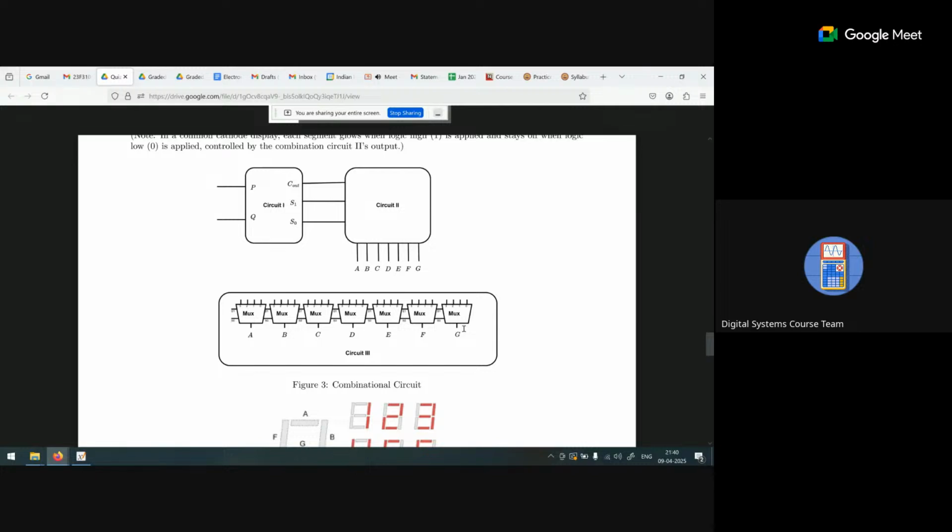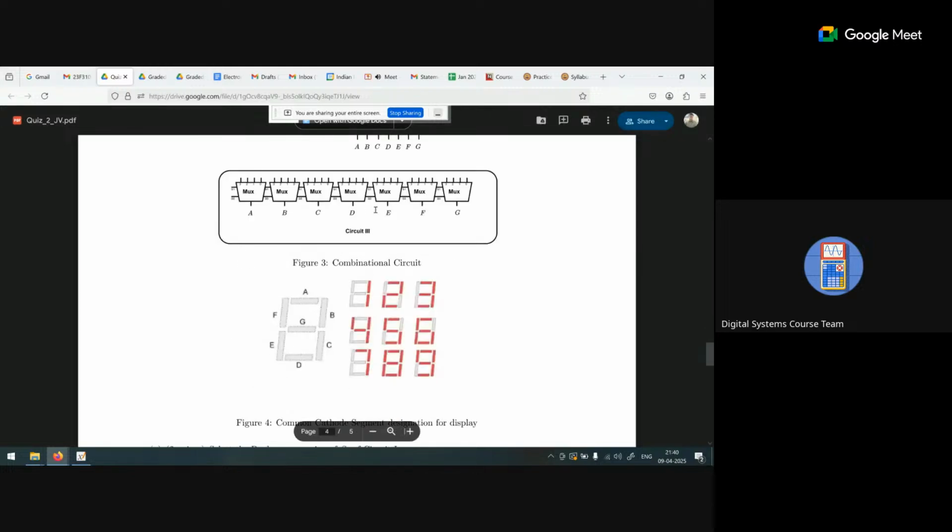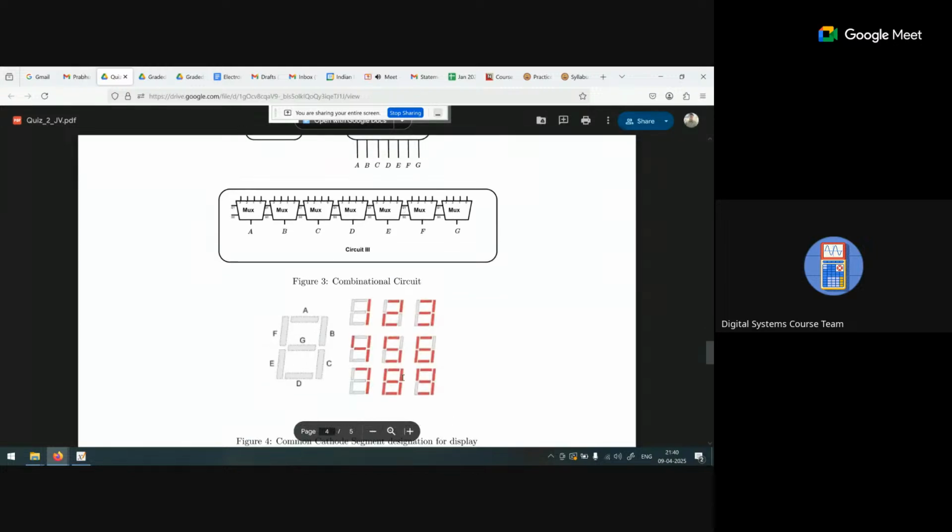For example, if we use this circuit 3 in place of this circuit, where S1 and S0 are the select lines, and the inputs are P0, P1, Q0, Q1, because P and Q are the 2-bit data, so 4 inputs will be there.